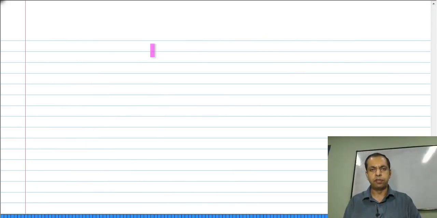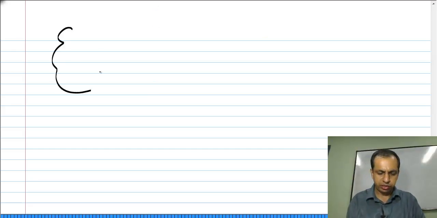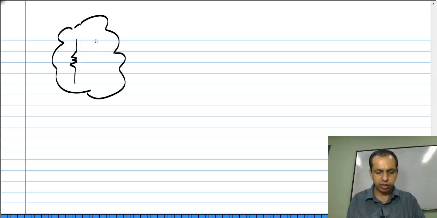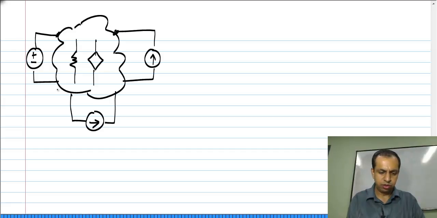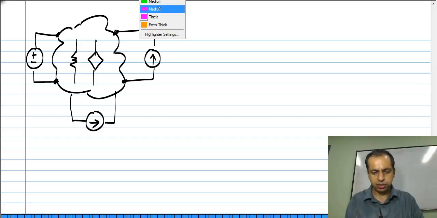So, when we have such a circuit, let me take that example again. First, I will not worry about what is in the circuit, except to say that it consists of linear elements, and I will show independent sources like this. As I said earlier, what is inside this box?